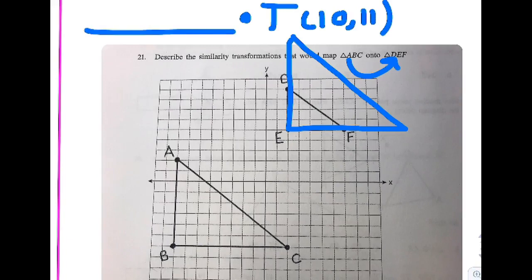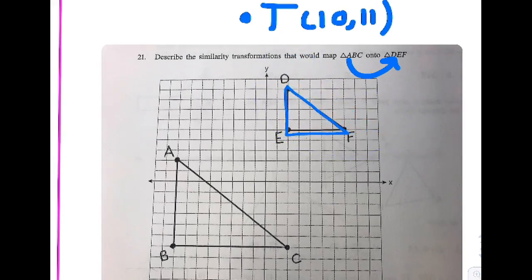My other step's going to go before it. Then I dilated by point E. I'm going to stay in corner E. So dilate E comma half. So I would dilate by point E by a half.